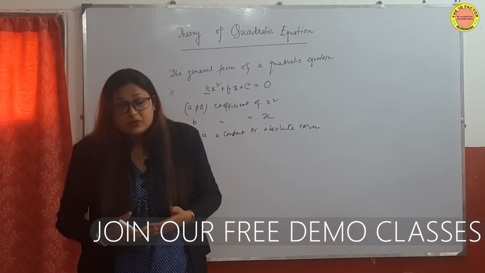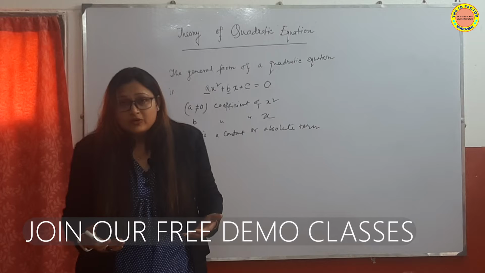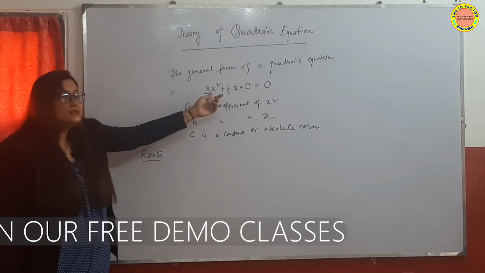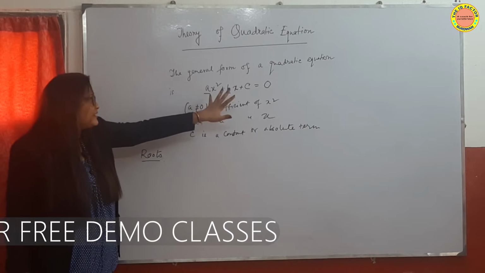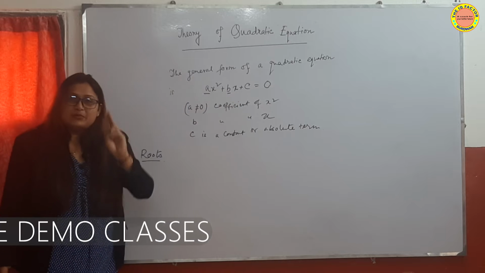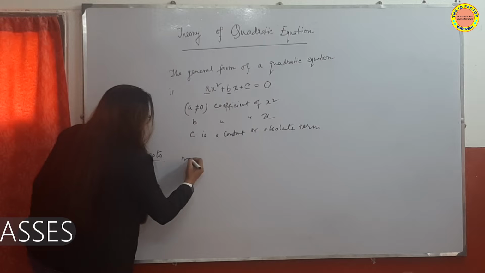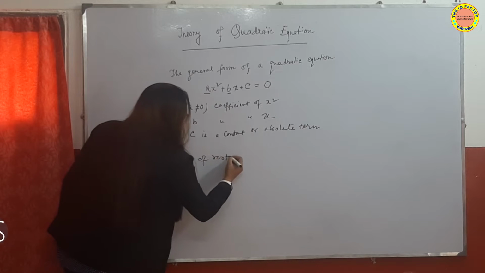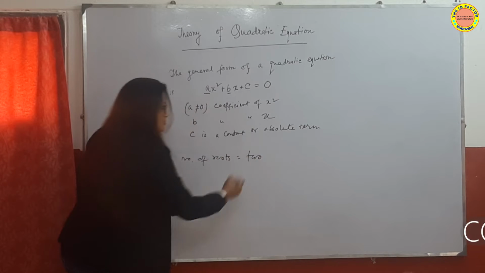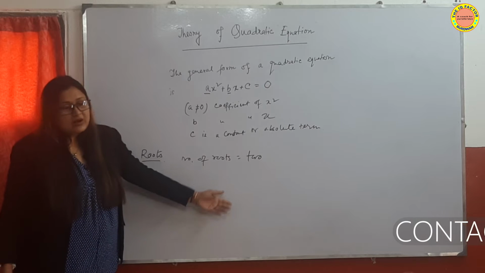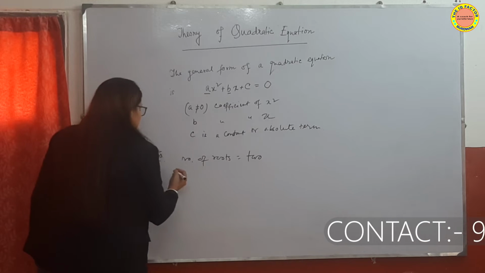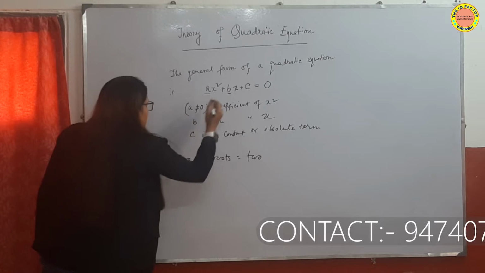If the degree is 4, the roots are 4. Now here the degree of the equation is 2. So the number of roots are 2. It's very simple.